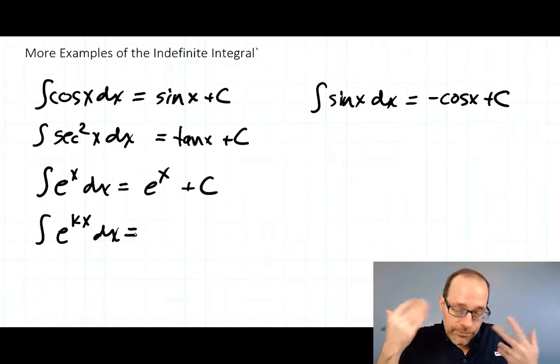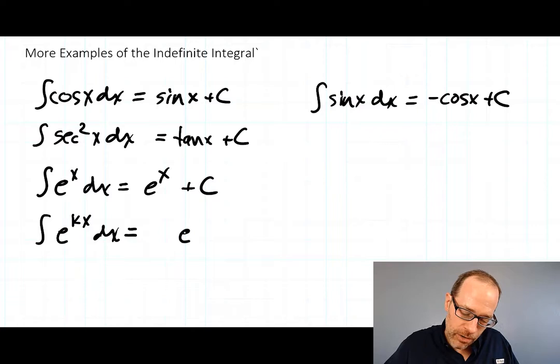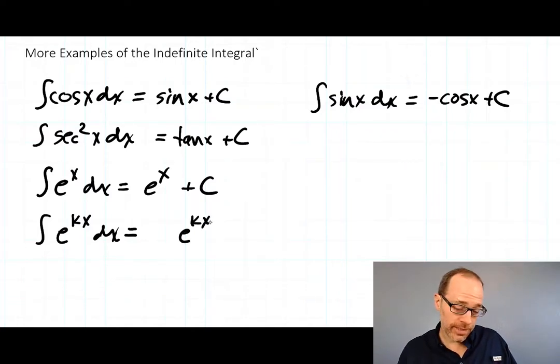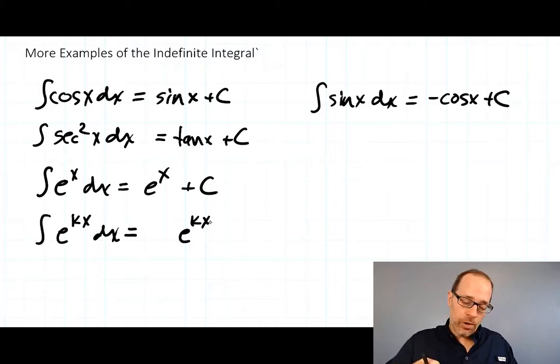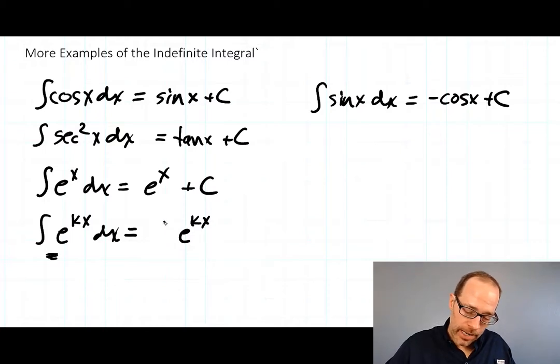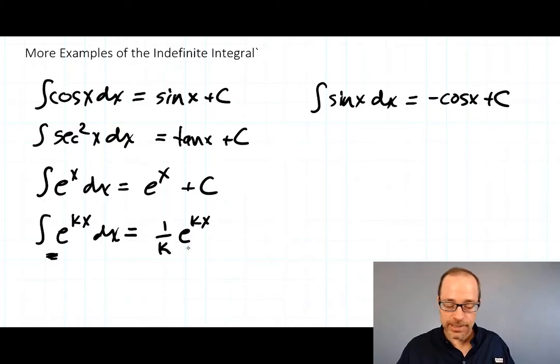So you just kind of think in your head, well, it probably started out as e to the kx, but when I take the derivative of this, that kx is the inside function, and so a k will come out. And I don't want a k over here, so I pre-divide by that constant k so that when the k comes down, it cancels and goes away. So the antiderivative is 1 over k e to the kx, and then that plus c. Okay?